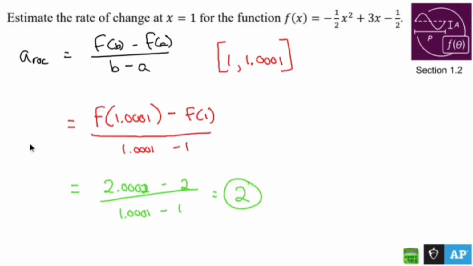And again, I wasn't really able to draw anything on the calculator, but what we saw was a picture that looks like that, a perfect parabola with a bump over here. And so at 1, we had some type of slope, and that slope kind of looked like 2. So that slope is going to be 2. And the rate of change is a fancy word for slope, because doesn't that just look like the slope formula? It does. It should, because it is.